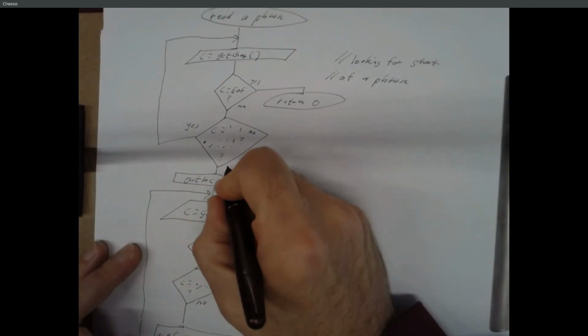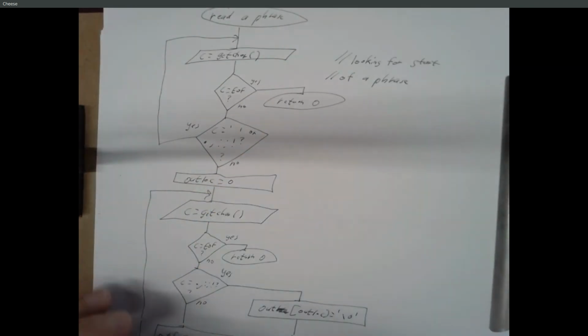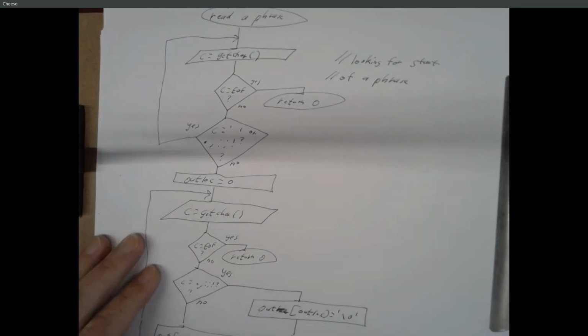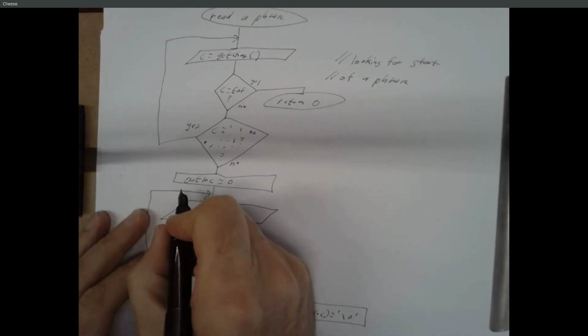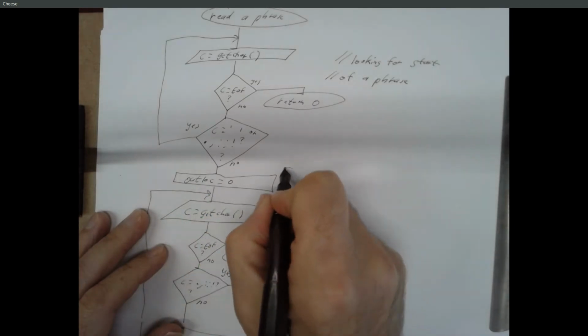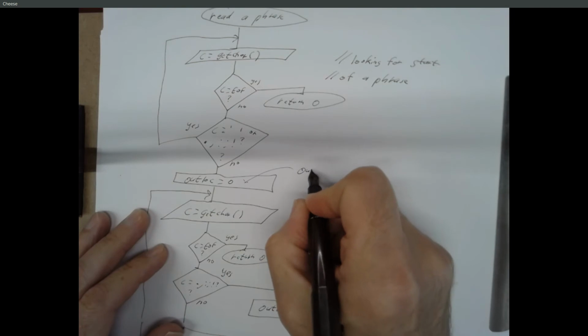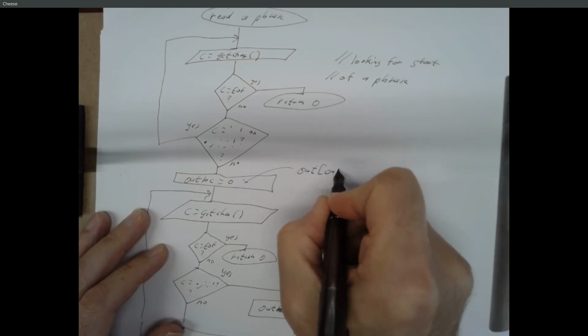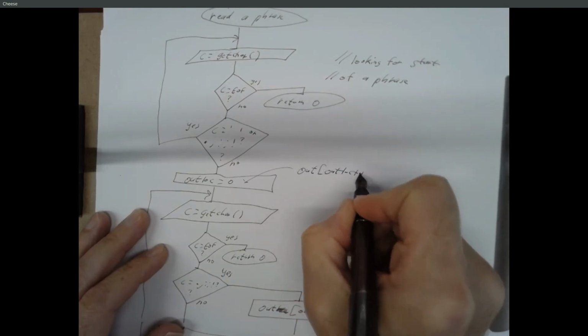Oh, you're right. This get char should go at the bottom. Okay, good. There's a bug. So if it's not a letter, we need to do one other thing in here, which is out bracket output location plus plus.